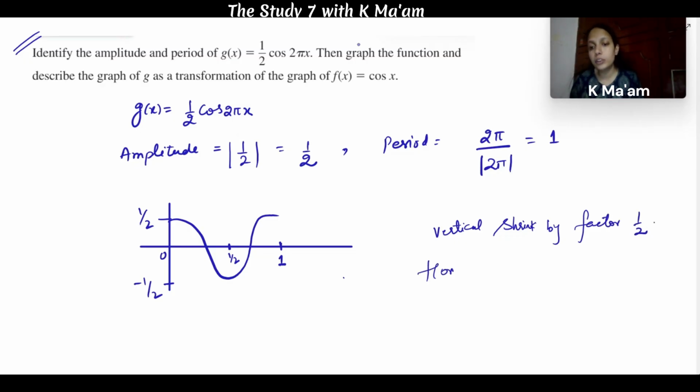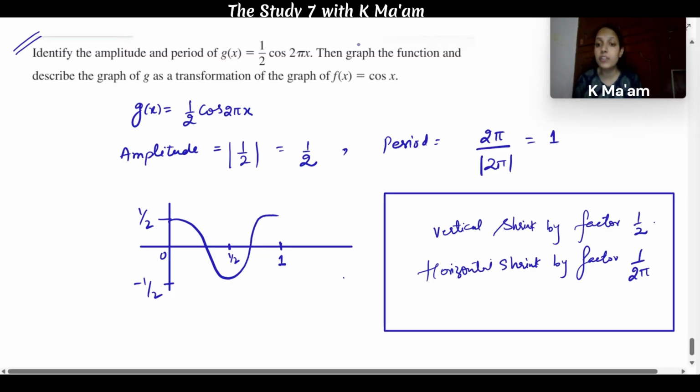And what about the horizontal? The number is 2 pi, which is greater than 1, so it's a horizontal shrink by factor, and you have to take the reciprocal of the value. The reciprocal of 2 pi is 1 by 2 pi. So this is the transformation used. Are you getting this thing?